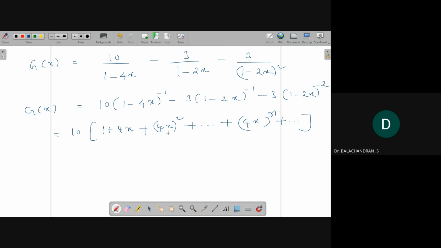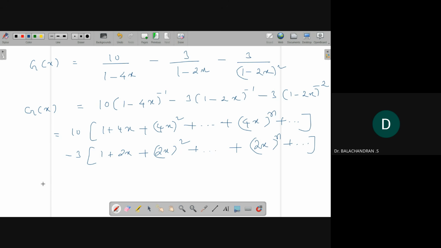Now next minus 3 into 1 plus 2x plus 2x whole square plus dot dot dot plus 2x whole power n and so on.